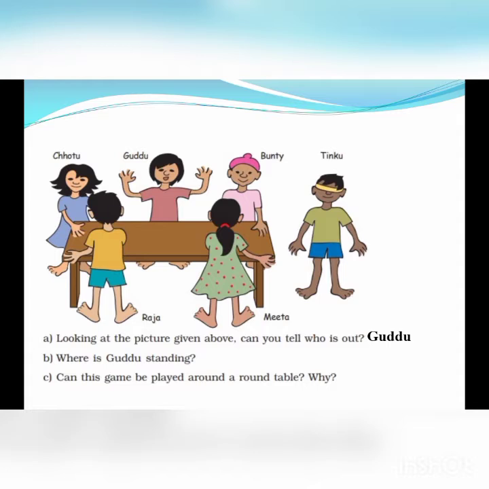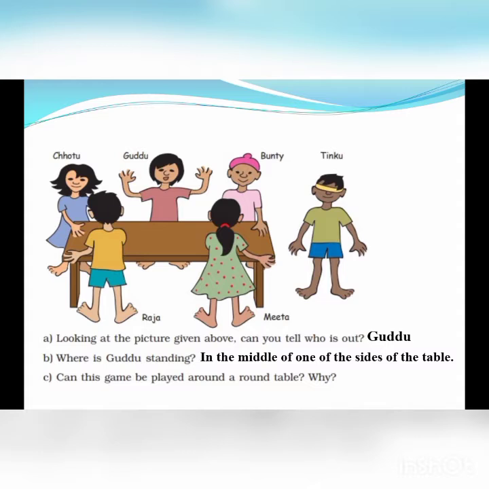Second question, where is Guddu standing? He is standing in the middle of one of the sides of the table, or we can say he is standing in the middle of one of the edges of the table.